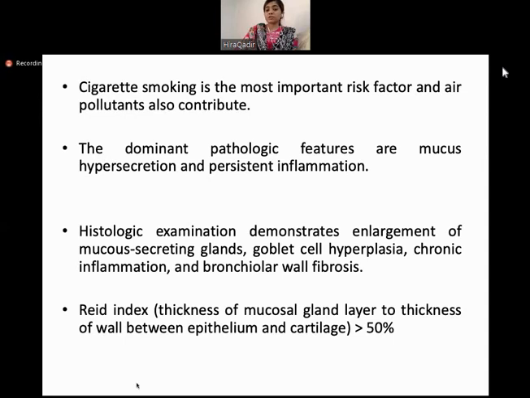Normally it is less than 50%, but if it is more than 50%, that is chronic bronchitis. Why is it more than 50% in chronic bronchitis? Because there is hypertrophy of the mucous glands. That's why the Reid index is higher in chronic bronchitis, and this is also one of the exam questions.